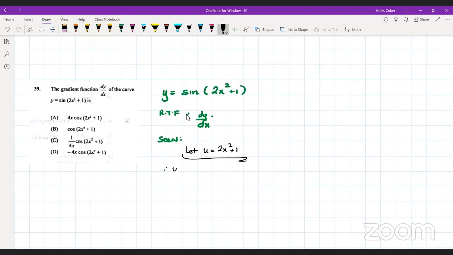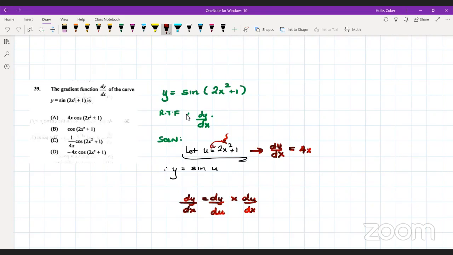So therefore, we have y is equal to sine of u. That makes sense? But I'm required to find dy/dx, so I use the chain rule: dy/dx is the same as dy/du times du/dx. If u is 2x squared plus 1, then du/dx is 4x. Differentiate 1, you'll get 0.